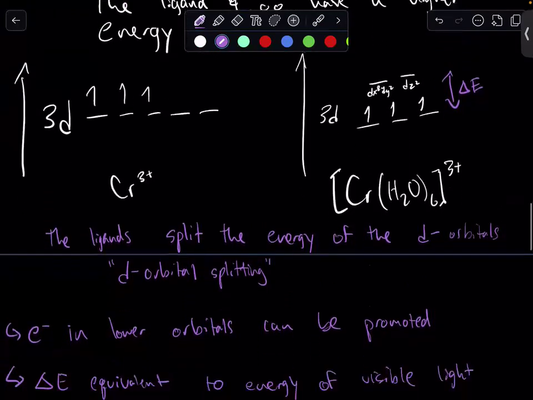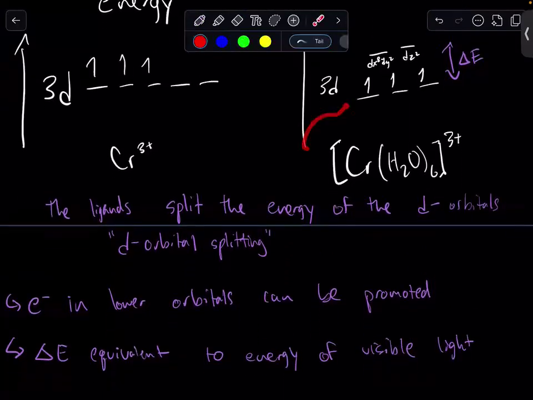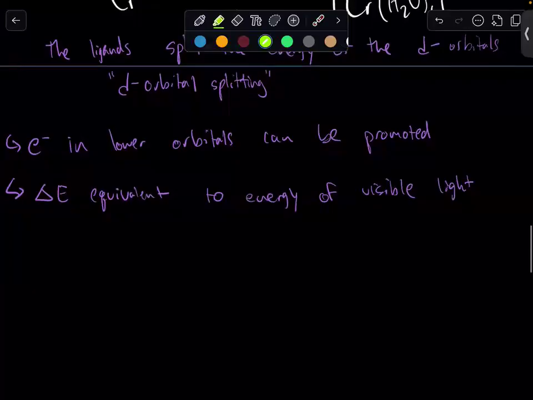That means light could theoretically interact with this electron and promote it to a higher energy level. So these can now, instead of just letting light through, absorb it. So our key aspect here is that visible light can promote these electrons.